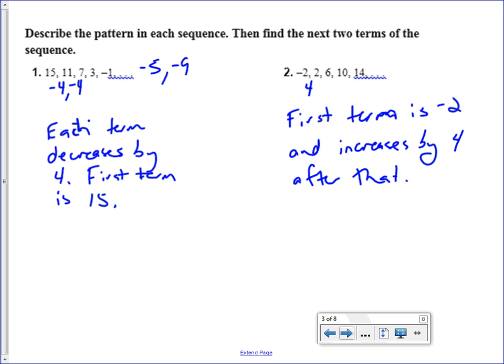Something like that would describe it. If we want to find our next 2 terms, if we add 4 on the 14, we get 18. If we add 4 on the 18, we get 22. So those would be our next 2 terms.